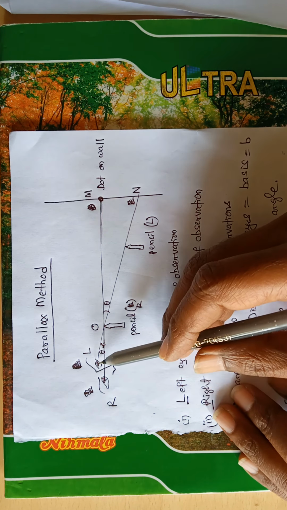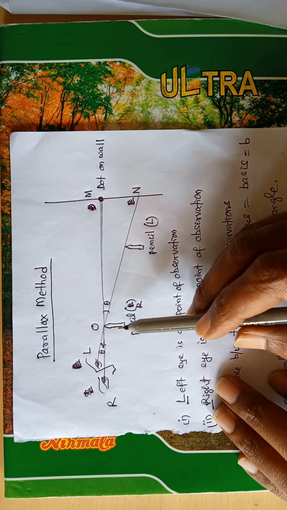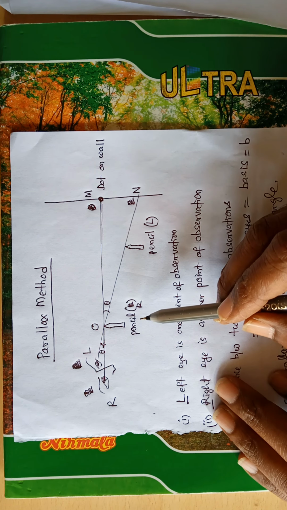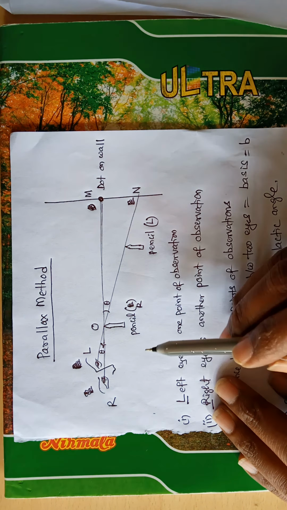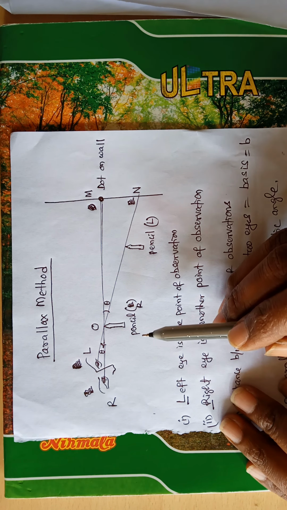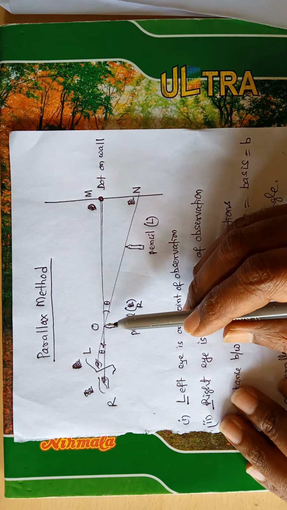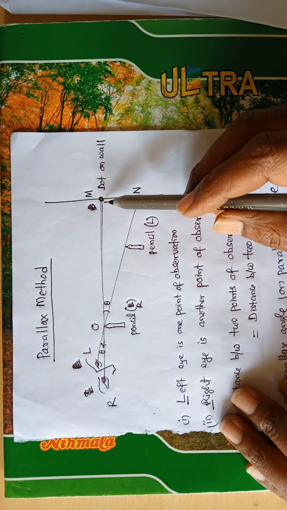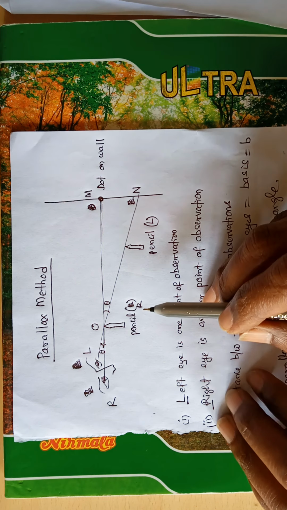You are having two eyes, left eye, right eye, and you will be having a pencil or pen. What all you have to do is close your left eye, look only with the right eye, and you hold the pencil such that its tip and the dot both coincide. In that way you make adjustment.